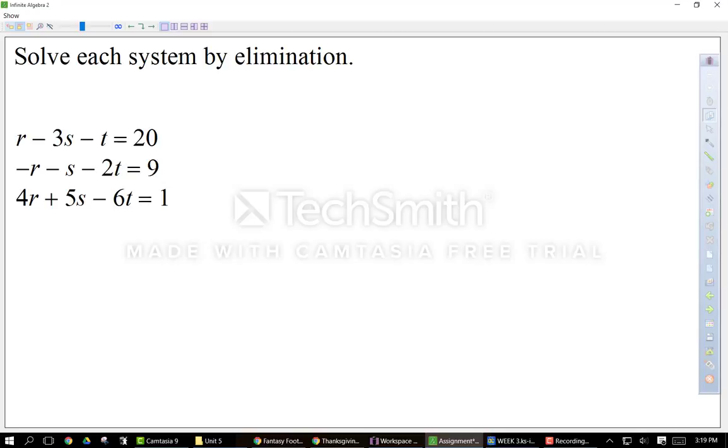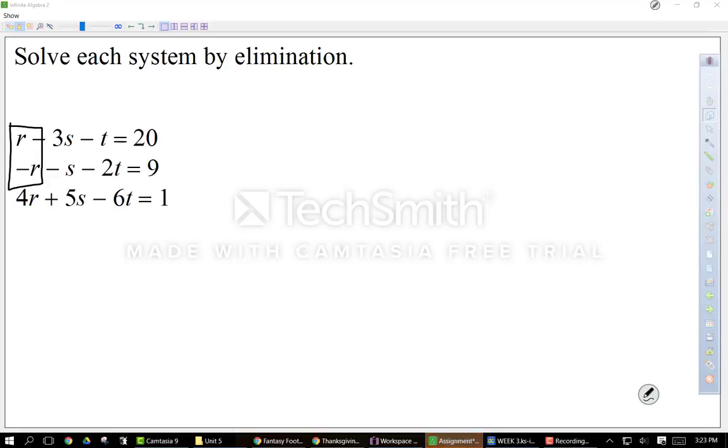The last one was a little easier because if I looked at some of the variables, we were able to just add or subtract basically from the beginning to get rid of some of the variables. So you notice that these two r's here are basically the same, just opposites of one another.